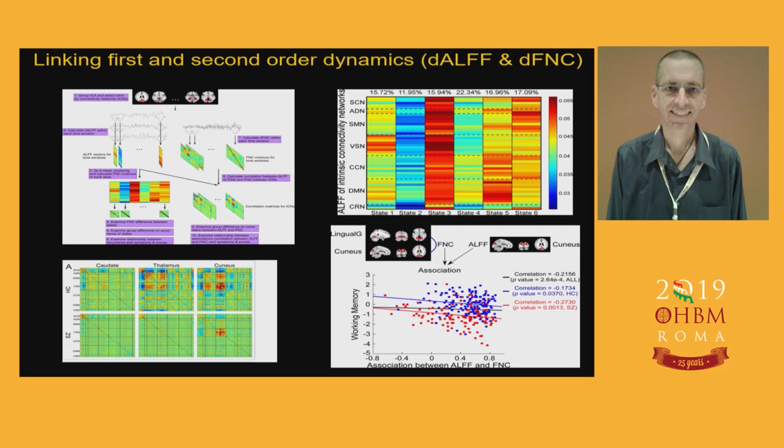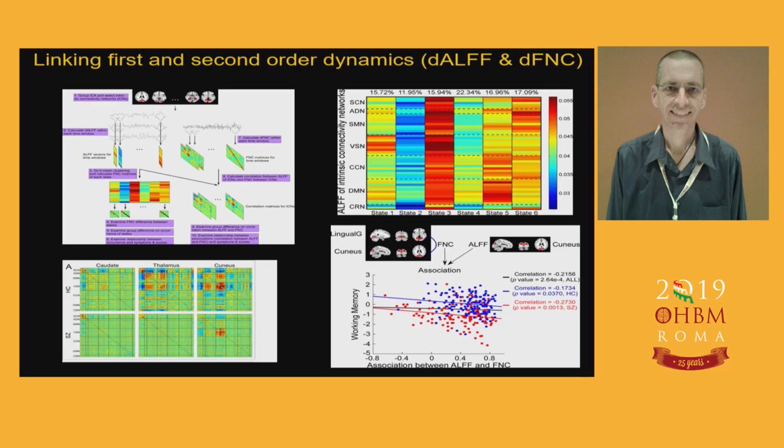Another interesting direction is looking at the relationships between activity in a single time course versus correlation between pairs of time courses. One way to look at that is to compare, for example, a windowed ALFF in a single time course to dynamic connectivity matrices shown here.